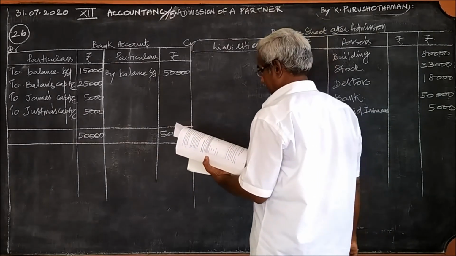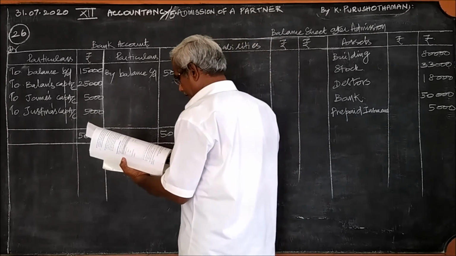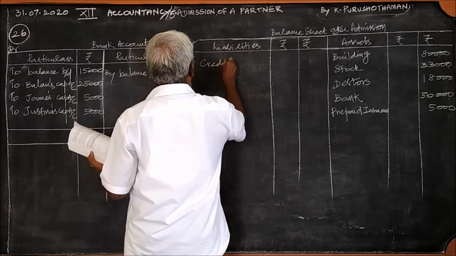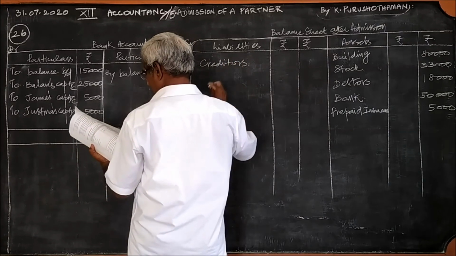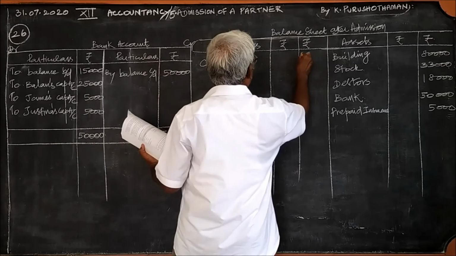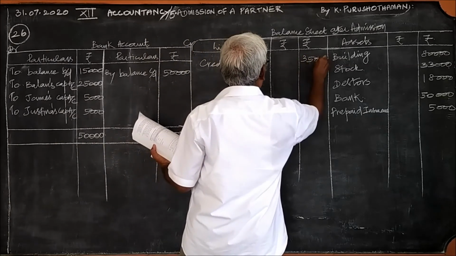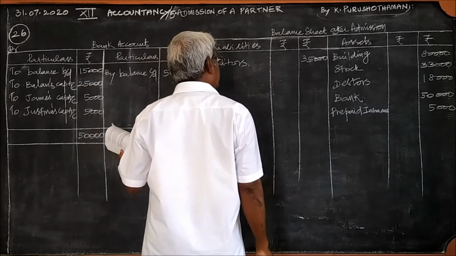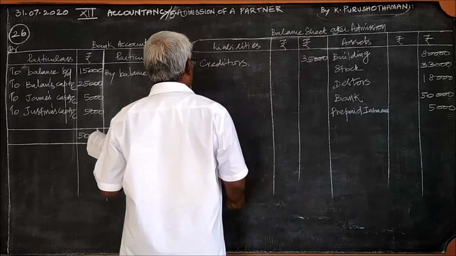Go to the liability side. On the liability side, creditors we can write. Creditors it is 35,000. And reserve fund already has been taken to the capital account.